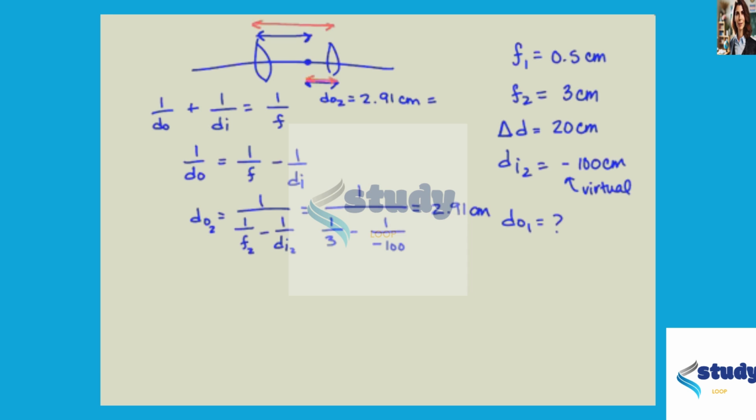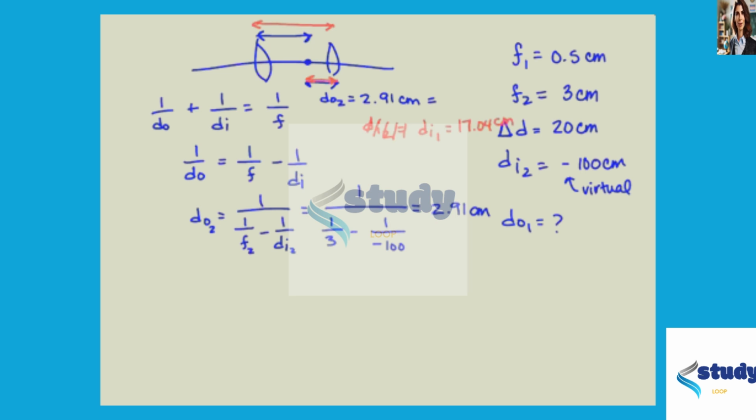So that gives us 20 minus 2.91 gives us a DI1 for the first lens as 17.04 centimeters.